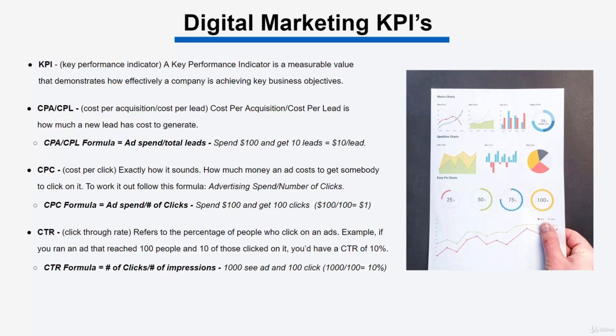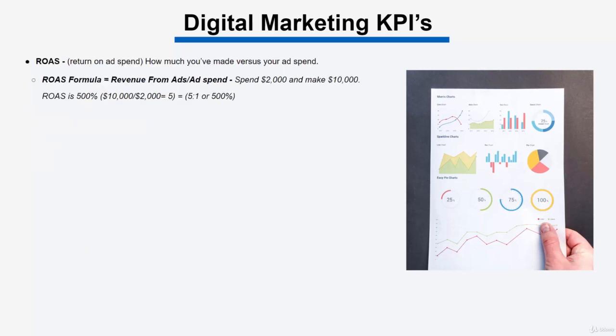Number of clicks divided by number of impressions. Here's another example we can take a look at. 1,000 people see an ad, and then 100 people actually click on the ad. So that's 1,000 divided by 100, right? Because 1,000 is the amount of impressions. And then the 100 are the amount of people that actually click on the ad. So that's 10% click-through rate.